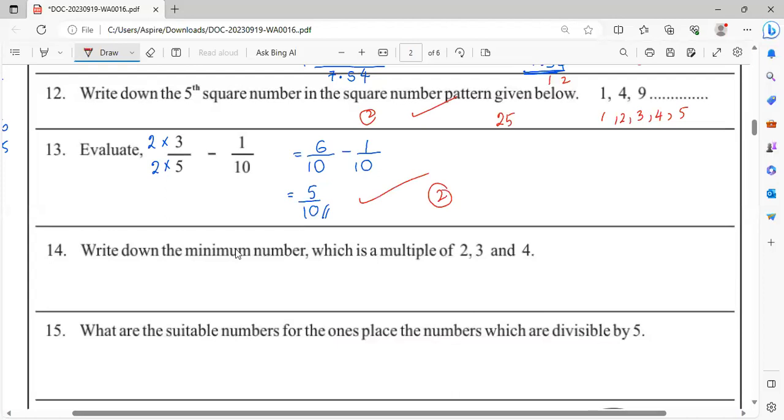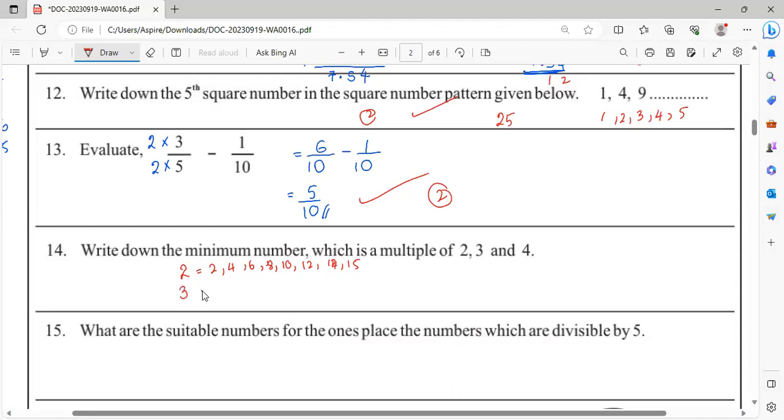Write the minimum number which is a multiple of 2, 3 and 4. Okay, then to find this, you can write the multiples of 2. 2, 4, 6, 8, 10, 12, 14, 15. That's enough. At least you can write 5, 6, 7 multiples.